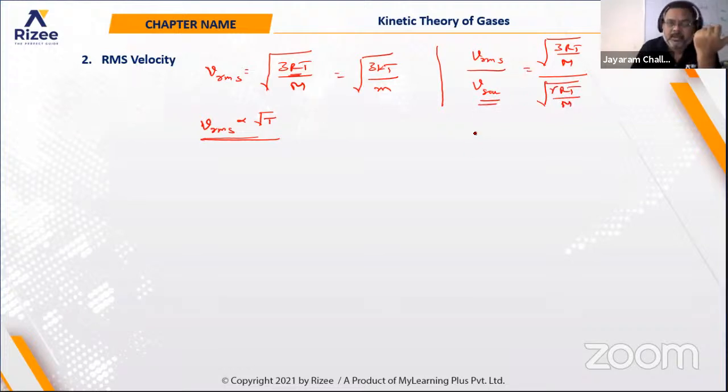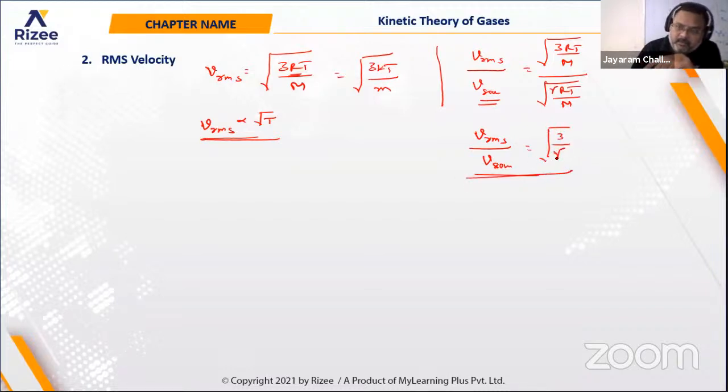Dividing the ratio, the common values cancel and it is root of 3 by gamma. Depending upon the gamma value, or the type of gas being used, you can substitute the corresponding gamma value and solve for the corresponding cases.